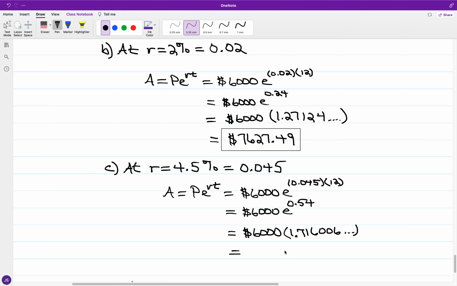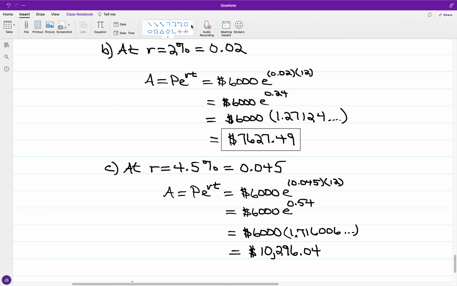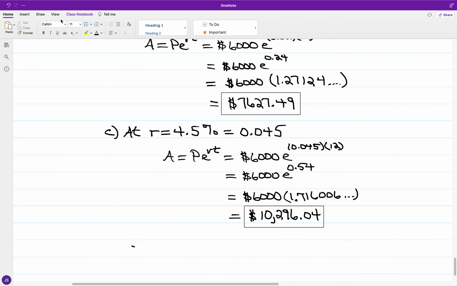And for this result, I'm going to cross over not just $8,000 or $9,000, but also over $10,000. And so for this balance, it's going to come out to $10,296.04. So those are cases of what we have exclusively with use of continuous compounding of interest.